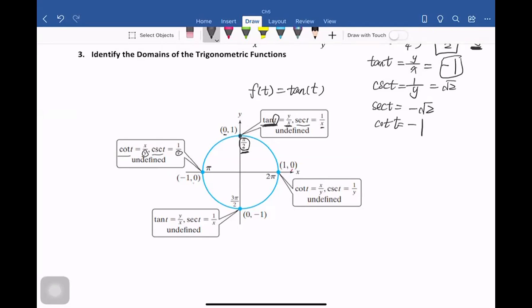When t equals pi, the y value equals 0, so cotangent t and cosecant t are undefined at these points.